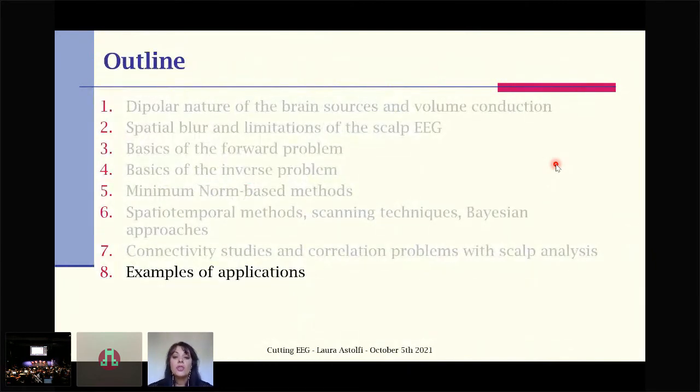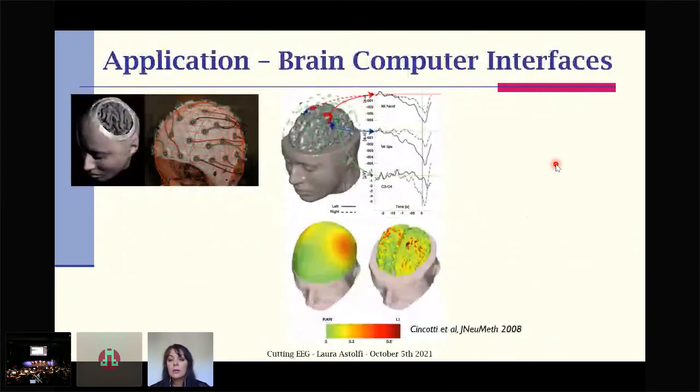That's why I will show now to you some examples of applications, sometimes also comparing what we can get from the scalp connectivity analysis and what we can get from the source domain connectivity analysis. Usual applications of source analysis are more in the field of epilepsy. I will show you something a little bit different, more related to basically three fields.